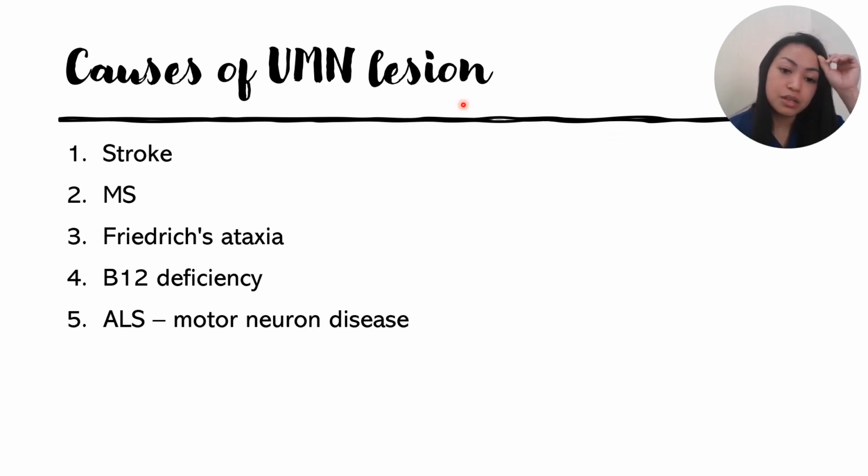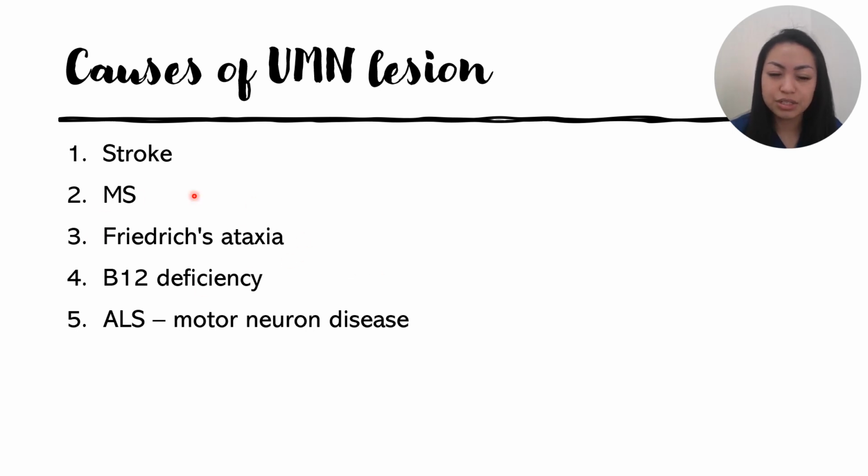All right. So causes of an upper motor neuron lesion include stroke. So you can have either hemorrhagic or ischemic stroke. And any conditions that would demyelinate the axons of the upper motor neuron. So conditions that can demyelinate the axons of these upper motor neurons include multiple sclerosis, Friedreich's ataxia, and even B12 deficiency.